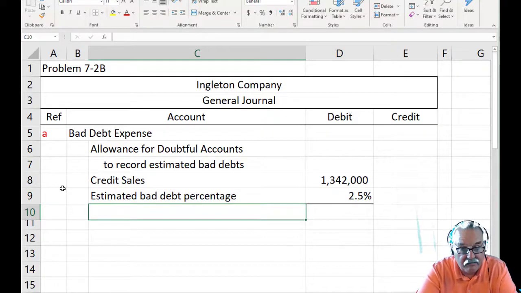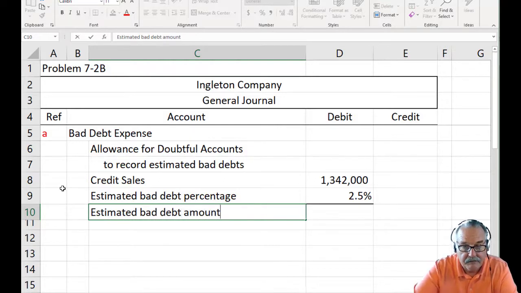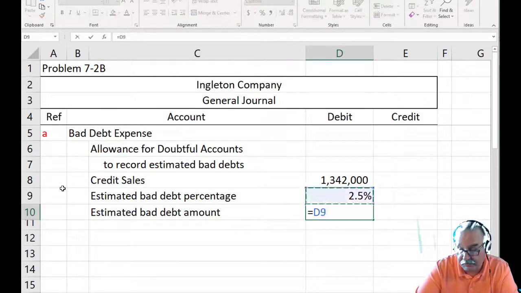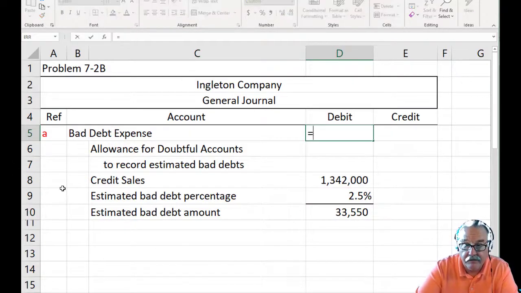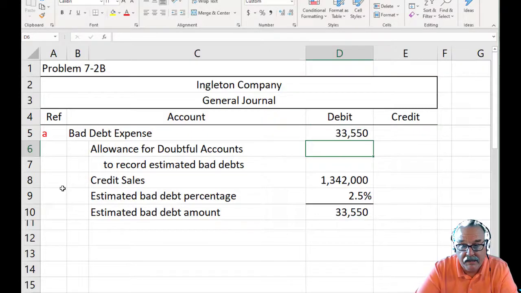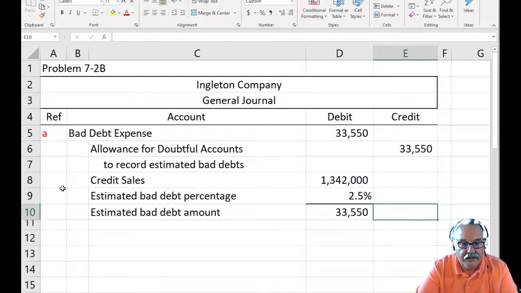So our estimated bad debt amount, we're just going to multiply it out. We get 33,500. We're going to debit bad debt expense and credit allowance for doubtful accounts. That's based on credit sales.